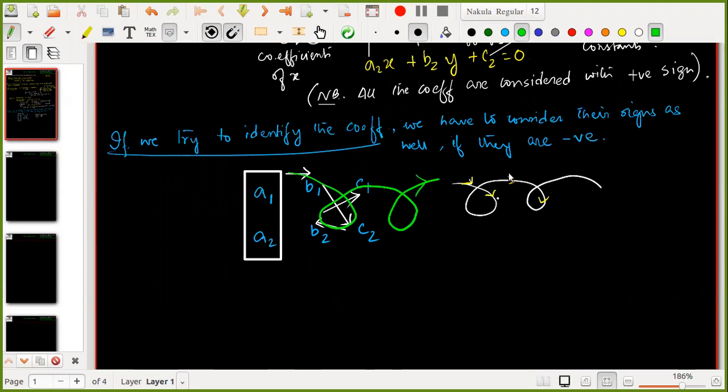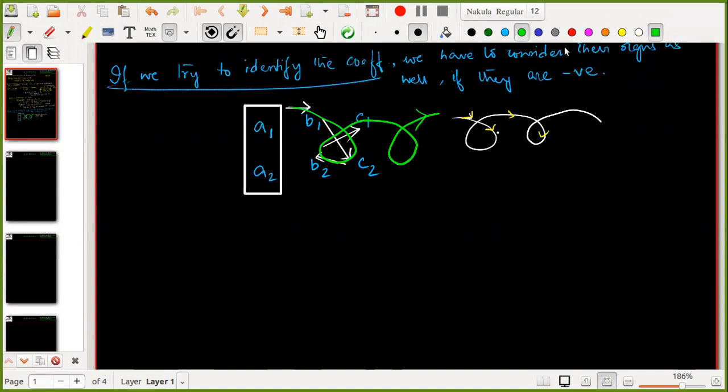So in that context, if we are trying to consider the variable x for which a1, a2 has been blocked, then if we are trying to consider the solution for y, then b1, b2 will be blocked.